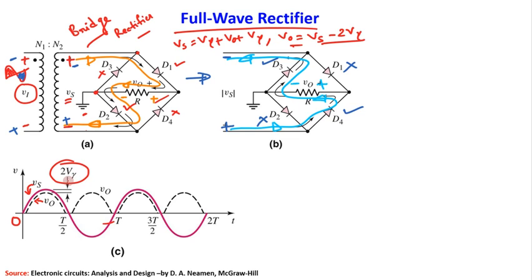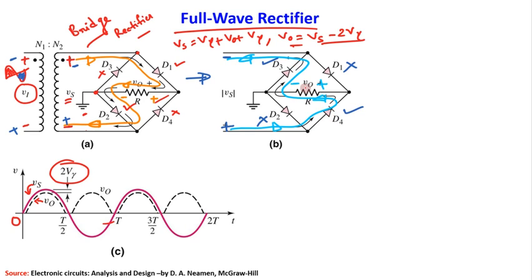But in the previous page, for the center tap transformer full wave rectifier case, the voltage difference was only V gamma, right? Now what about in the negative half cycle? In the negative half cycle also the same thing will happen, because in this complete current path there are two diodes, and these two diodes have to be on.